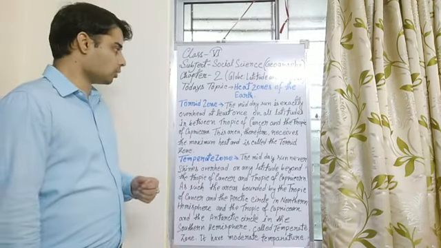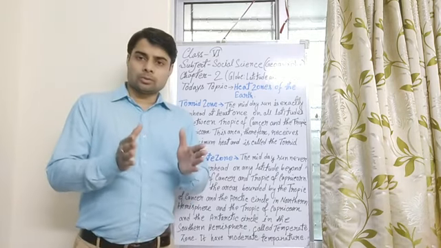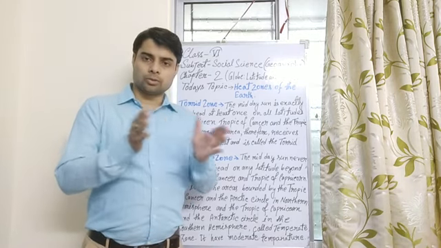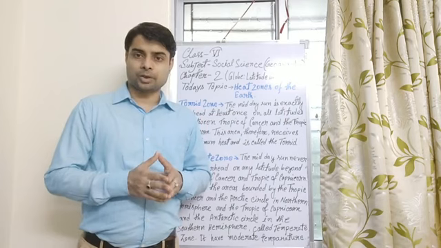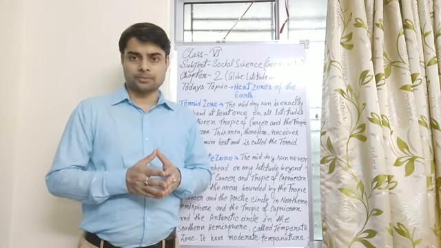What is a heat zone? There are 7 main imaginary latitudes on the surface of Earth.